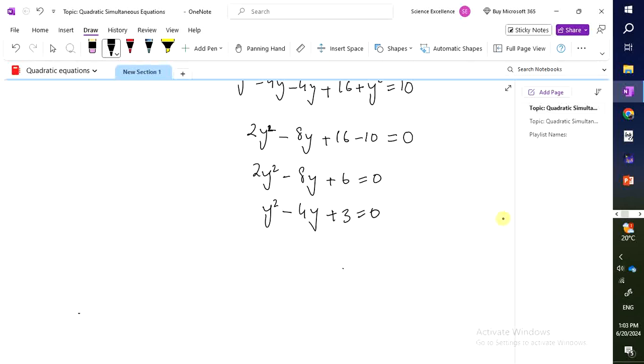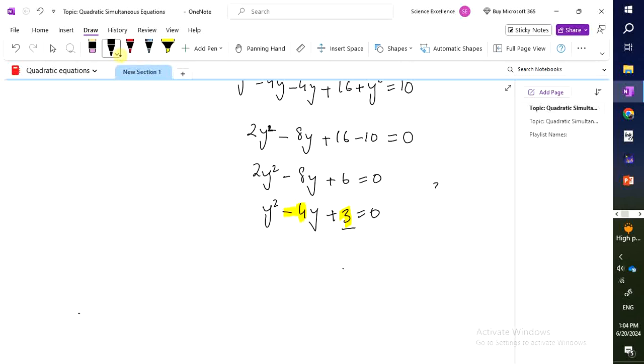Now we have to find the factors of this equation, and we can use the factorization method for this quadratic equation. What is the factorization method? We need to look for two numbers whose product should be equal to 3. That means if you multiply the numbers, that should equal 3, and if we add them, that should equal minus 4.